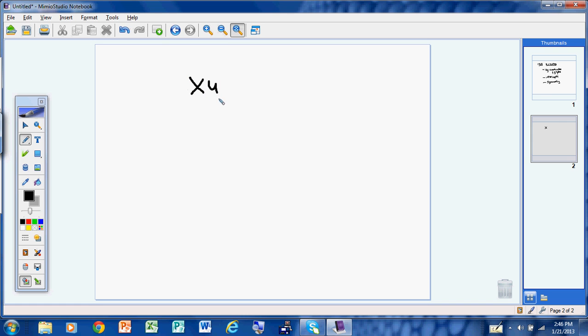Okay. Let's talk about an XY plane or graph. What does that look like and what does it entail?